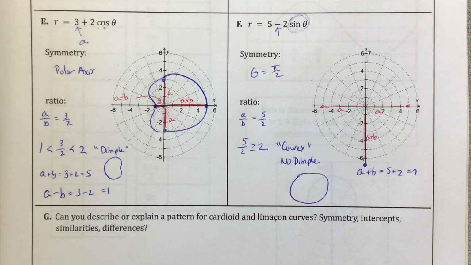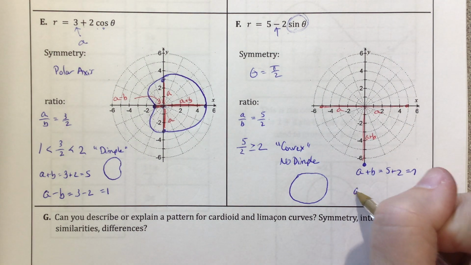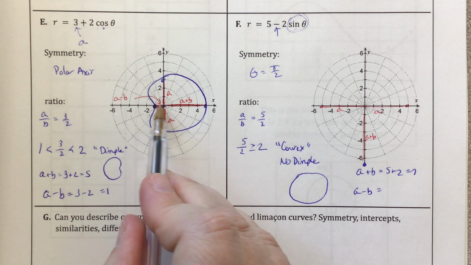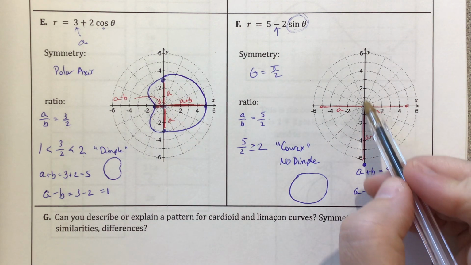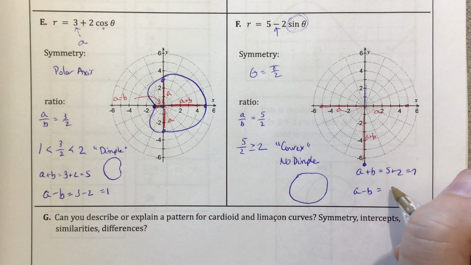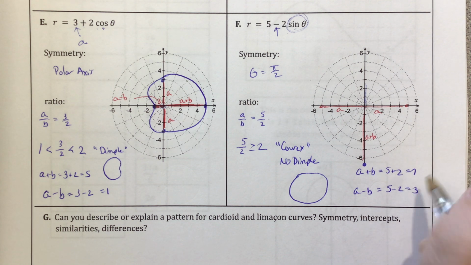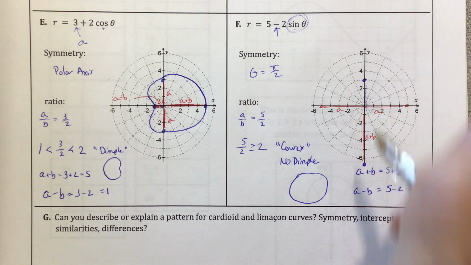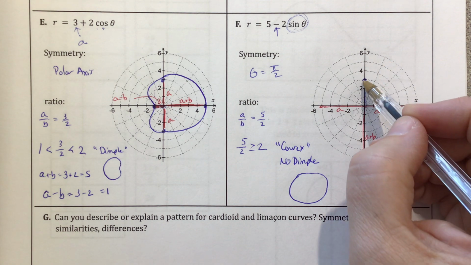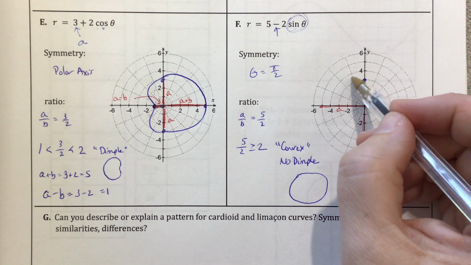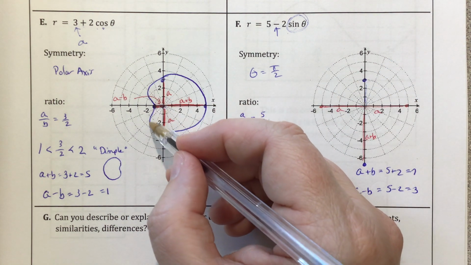Now the value a minus b, just like a minus b here told me how far I was from the pole, a minus b tells me how far I am from the pole here. So 5 minus 2, or 3. I'm 3 units from the pole here. But I'm not going to dimple right here like this graph did. I'm not going to pull in toward that.